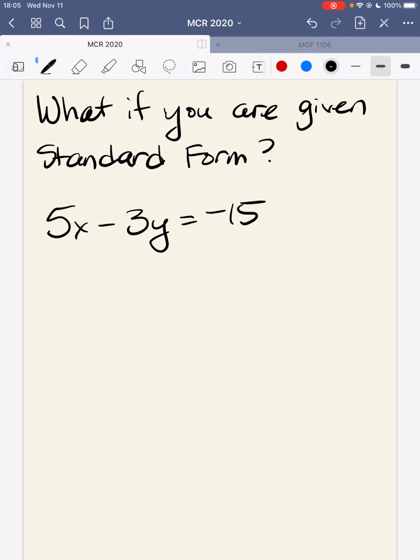I'm asked to graph it, specifically I'm saying I have to use the slope and the y-intercept. The easiest way to get that is to solve this for y.